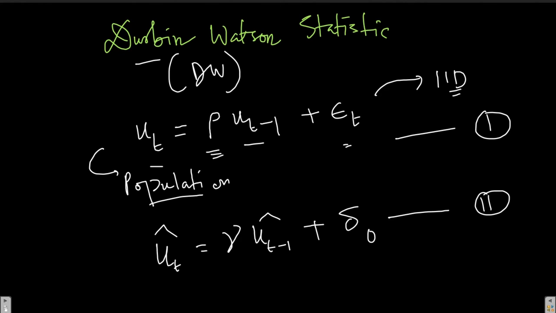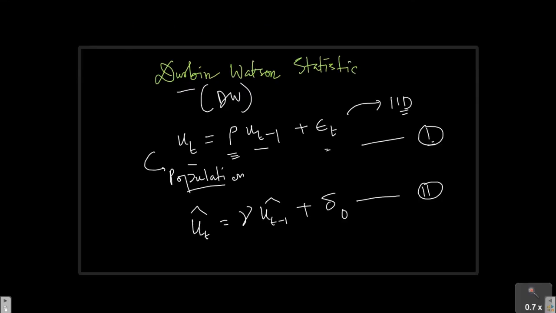Now let's write the null hypothesis for the absence of autocorrelation corresponding to equation 1. My null hypothesis, H naught, is that rho is 0. That means this period's error term is not dependent on the previous period's error term, and that is the end of the story: there is no autocorrelation.